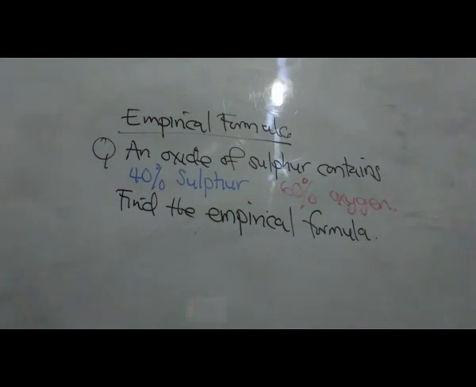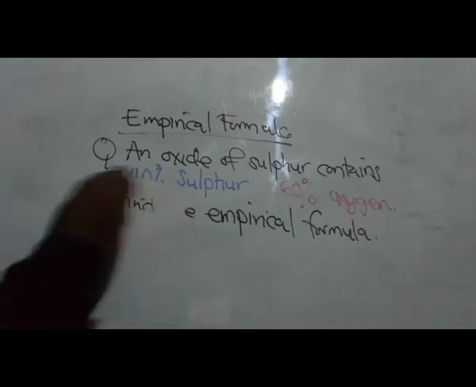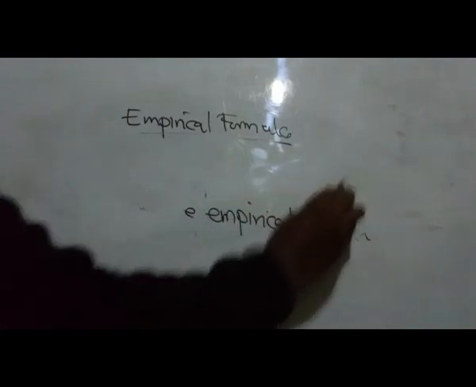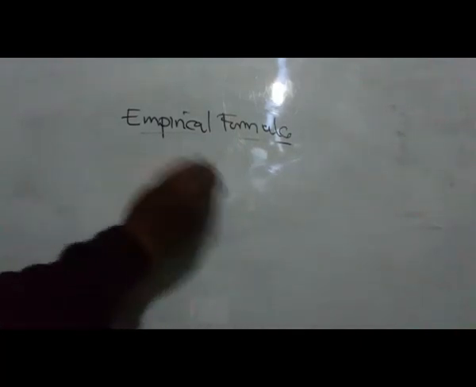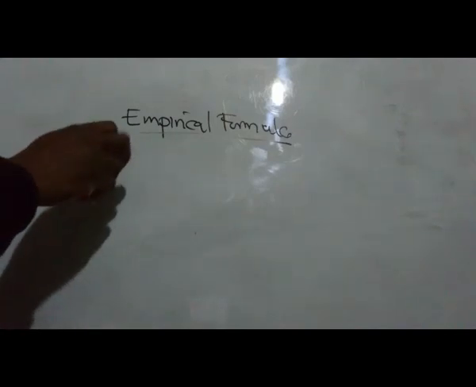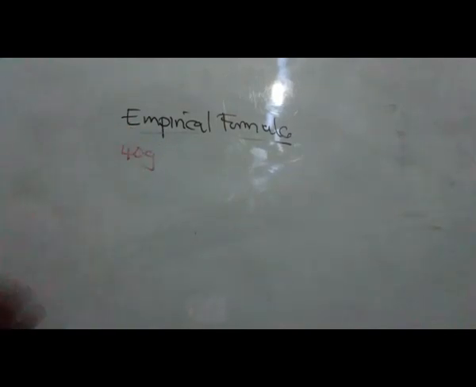So the first thing is we convert the percentages into grams, because 40% is the same as 40 grams. So let's consider our 40% as 40 grams, and our 60% as 60 grams.